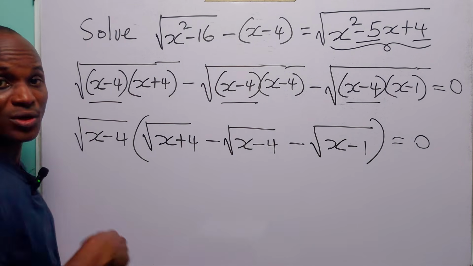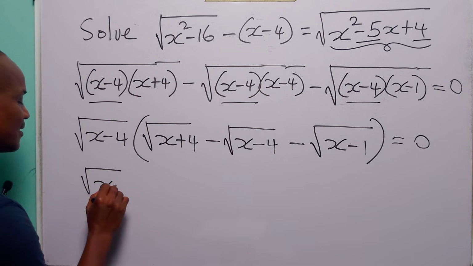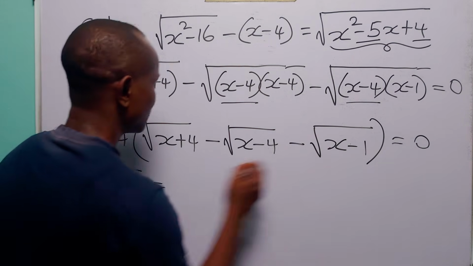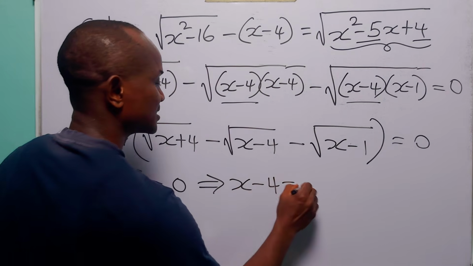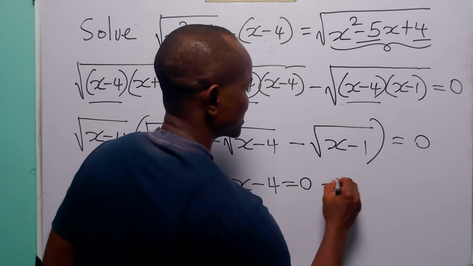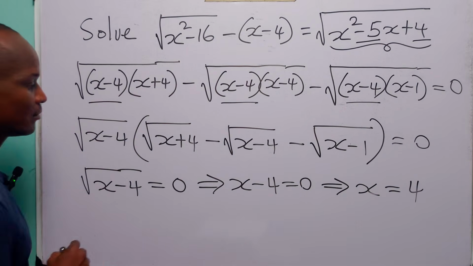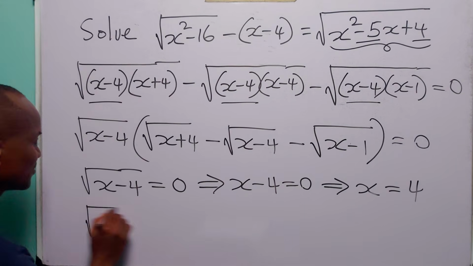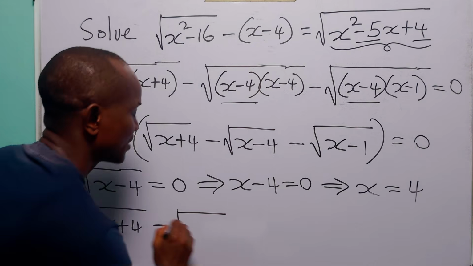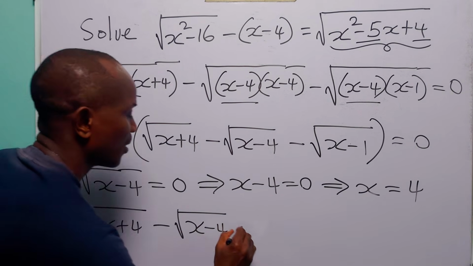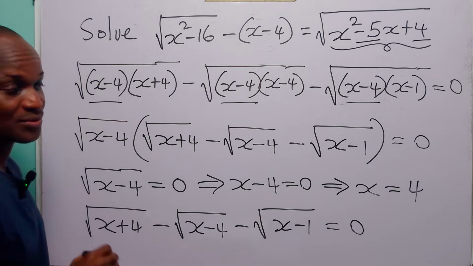Now, when you look at this equation, it's very easy to see that either the square root of x minus 4 is equal to 0, from where x minus 4 is equal to 0, and of course from where x is equal to 4, or the square root of x plus 4 minus the square root of x minus 4 minus the square root of x minus 1 is equal to 0.